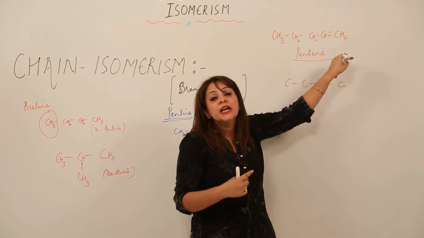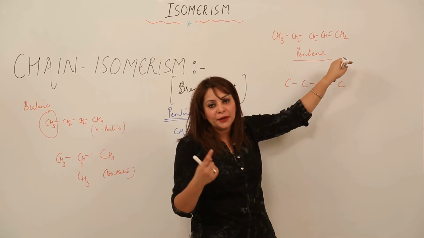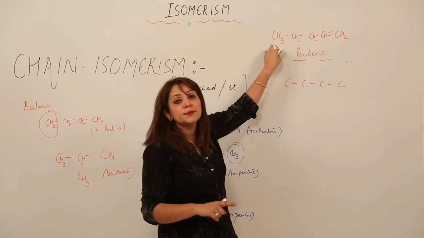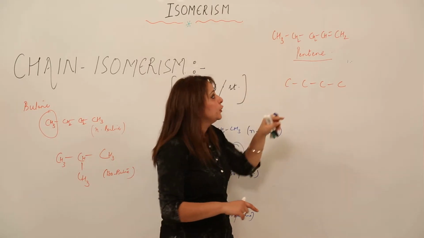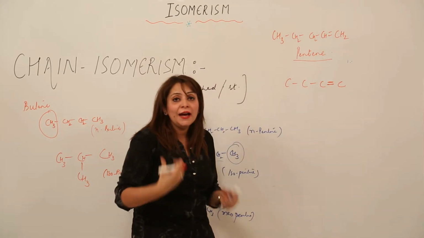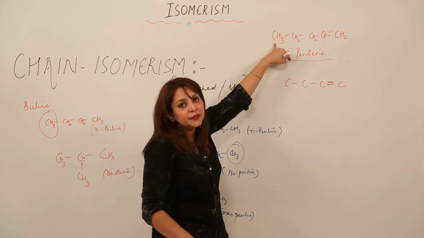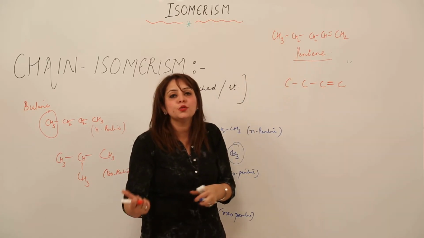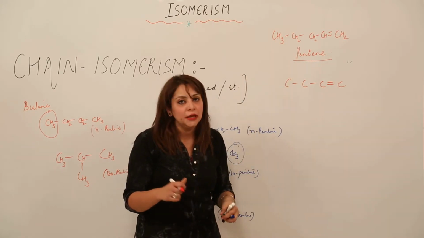Double and triple bonds serve as a primary functional group, so we cannot change their position, but we can change the position of the substituent, that is the methyl group. So, I'm not going to change the position of the double bond, but I have the option to change the position of this methyl group. I'm just going to link this methyl group from the terminal position to a carbon present at a non-terminal position.